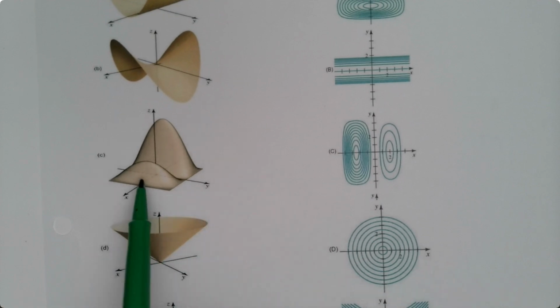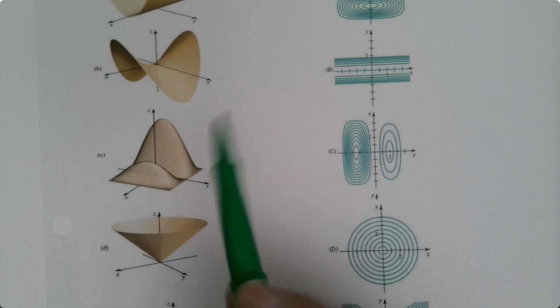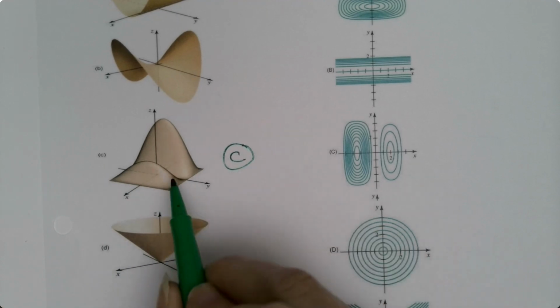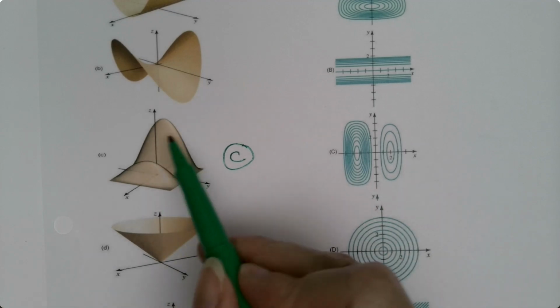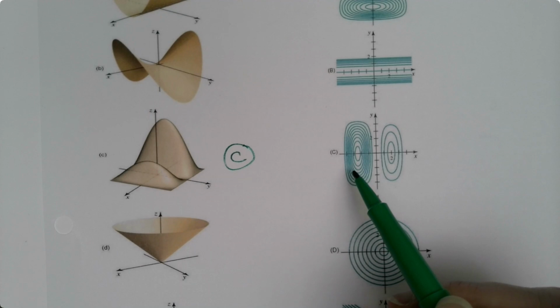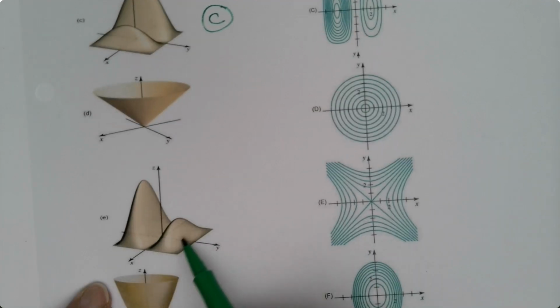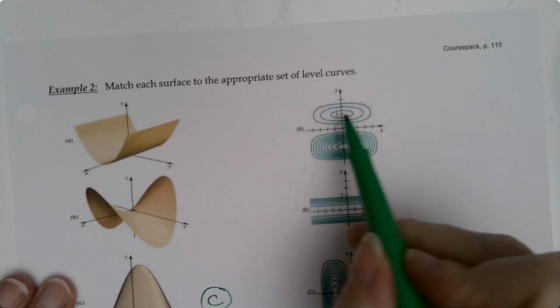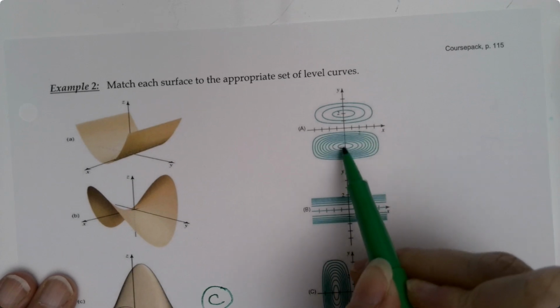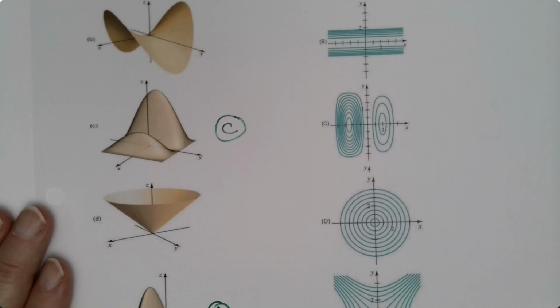So you have to think, all right, the shallow piece is over here on the positive x side, right? And y is going from negative to positive. So that means this is graph C right here. It's the same graph right here, right? Steep part is on the negative x side, which is right here. So then this other one has the shallow part on the positive y side, which is graph A, right? So it's got the shallow bit and then the steep bit. All right, so that's done.